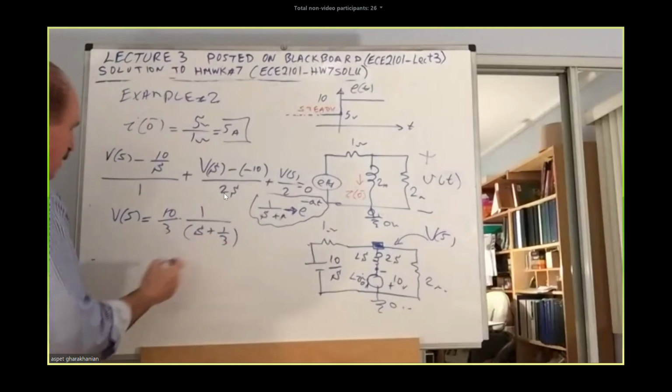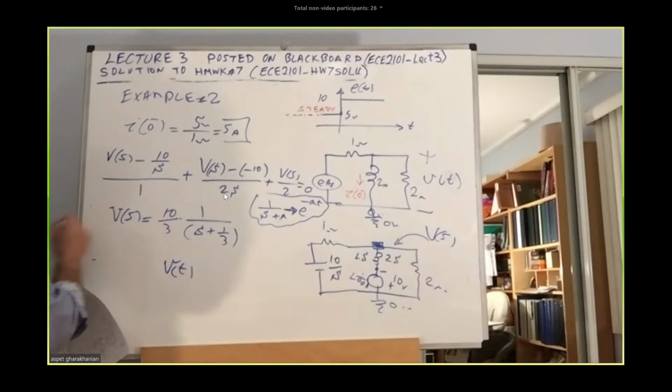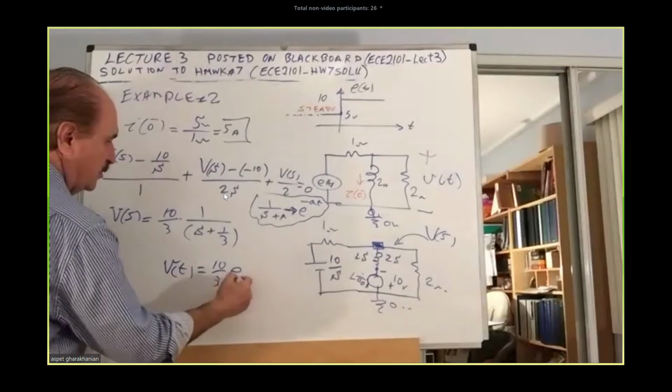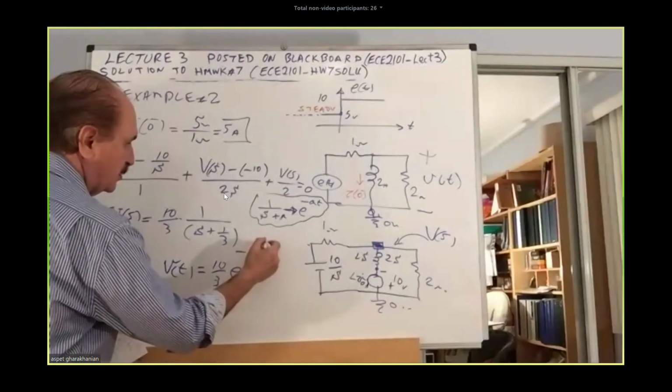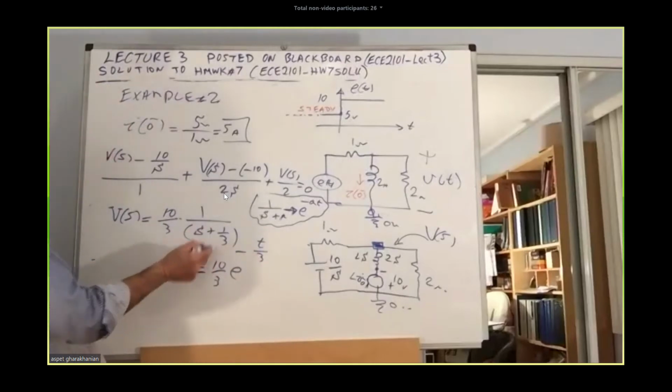So obviously, the answer would be v of t, lowercase v of t, since these are all upper V's, will be 10/3 of e to the power minus t over 3. A is 1/3.